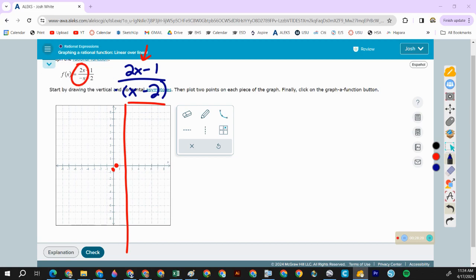My HA is at negative 2. So the graph would look like that. Okay? None of these parts is difficult, but there are just so many pieces that you have to put together in order to graph these.